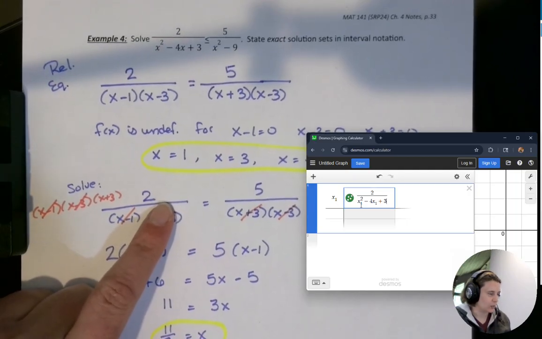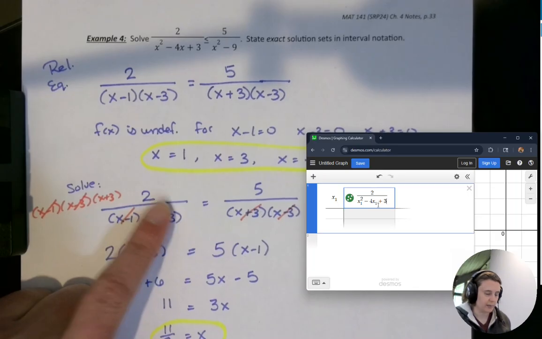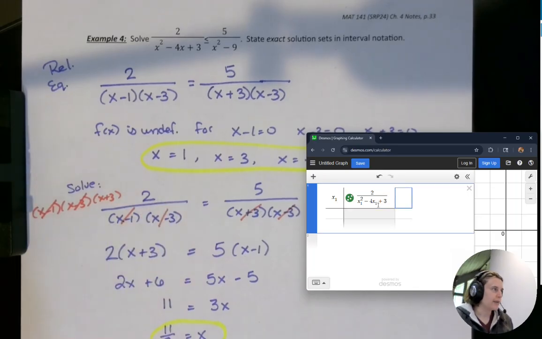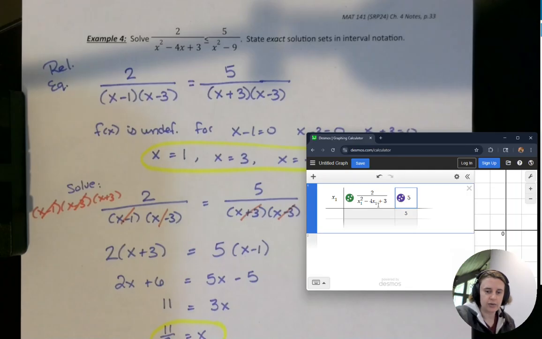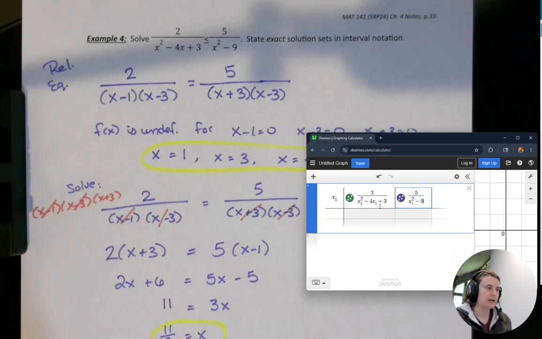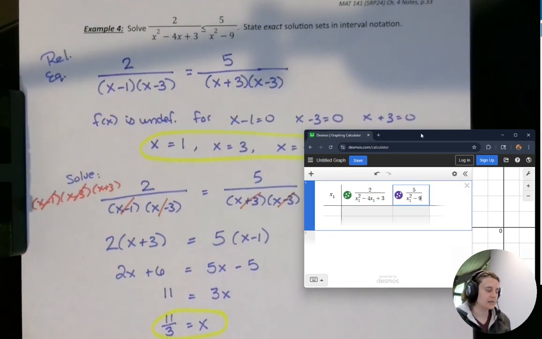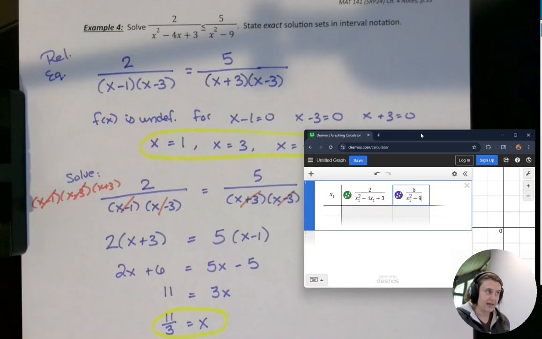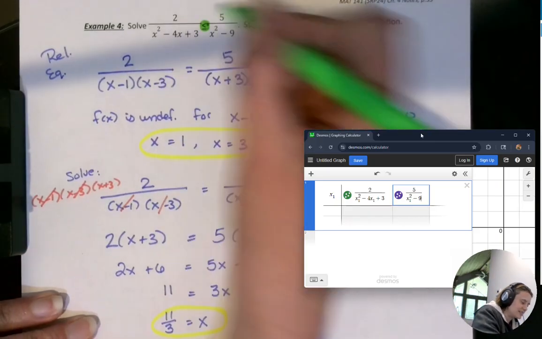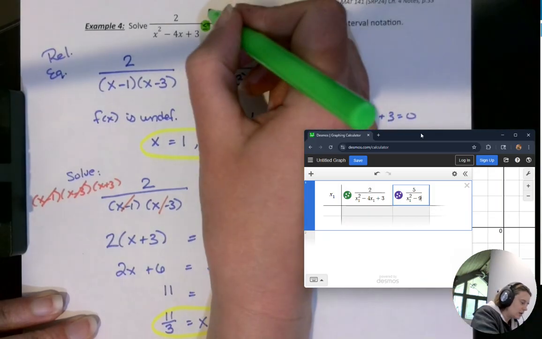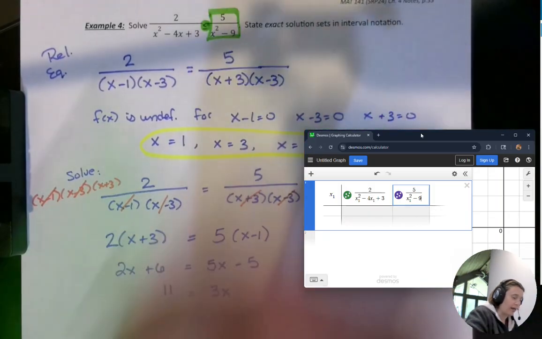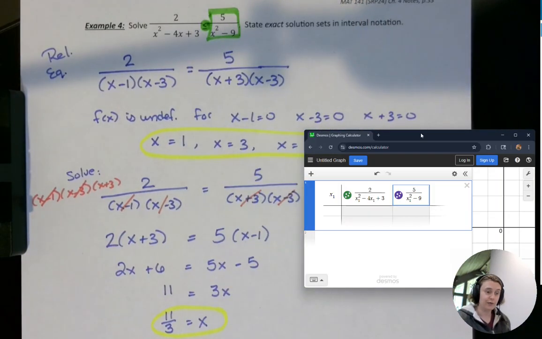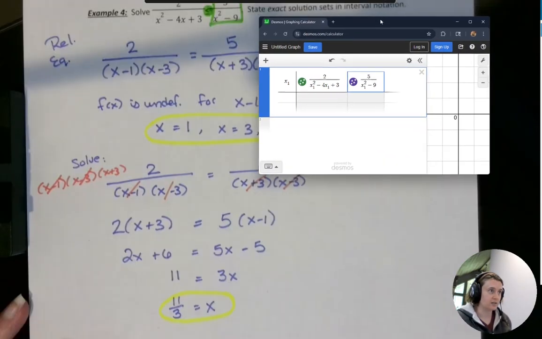So we got our x1s to grab these values and plug them in. And I'm going to compare this with the right-hand side, which is 5 over x1 squared minus 9. Now I can plug in my test points, and I want to know, is the left-hand side less than the right-hand side? So we're looking for bigger on the right-hand side. We want to know if this is true or false for each of our test values.